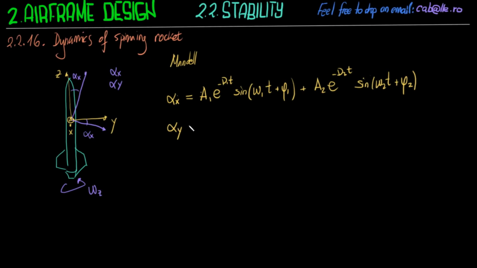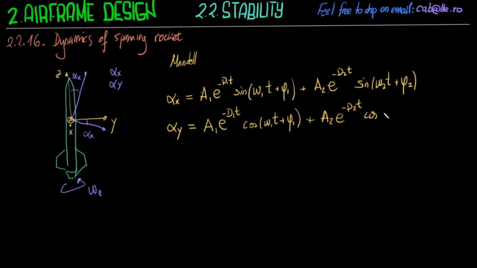And then on the y, the alpha y is going to be the exact same damped sinusoid, but its phase angle is 90 degrees. So instead of sine, we have cosine. It's the exact same damped sinusoid, just dephased by 90 degrees.